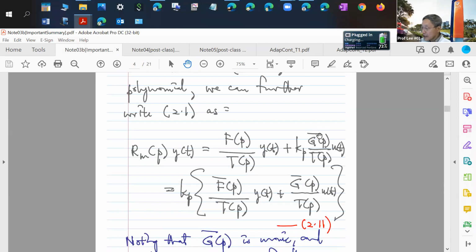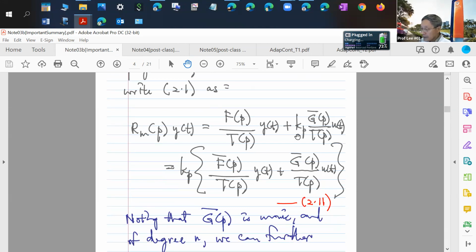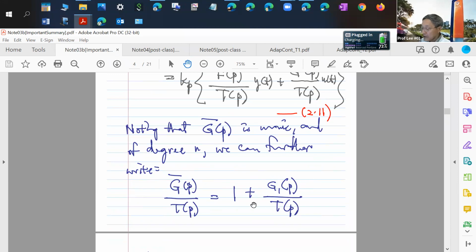So that's not a constraint. So we need to go ahead and operate on it like that. All right, we pull out the K P, okay, pull out the K P. So this now, instead of F becomes F bar, but no problem. In any case, this was non-monic to begin with. Then this G bar down here is of degree n and monic. This is also of degree n and monic, so we know that we can break it out like this.